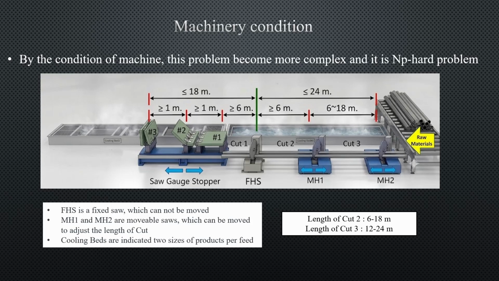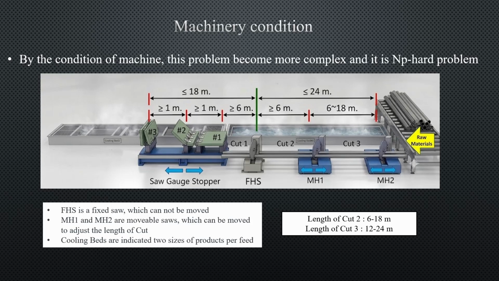Stopper 2 requires a minimum clearance of 1 meter from stopper 1, placing it at least 7 meters from the fixed saw. Similarly, stopper 3 requires 1 meter clearance from stopper 2, positioning it at least 8 meters from the fixed saw. Regardless of the selected stopper, the maximum product length is restricted to 18 meters.